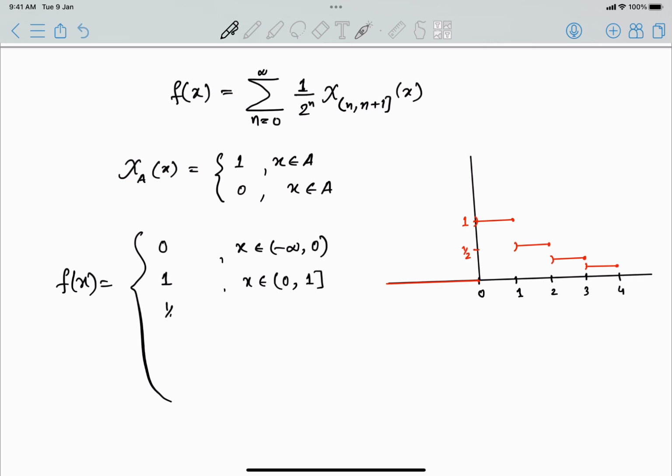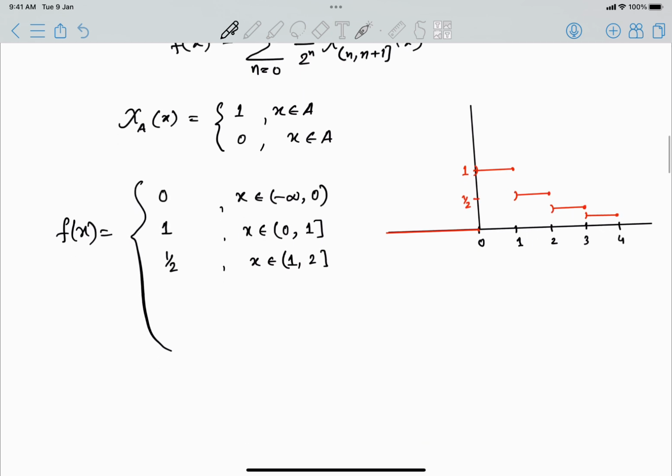Next it takes half when x belongs to (1, 2], and like that, dot dot dot. It takes 1 by 2 to the power n if x belongs to the interval (n, n plus 1]. So this is the function f(x).